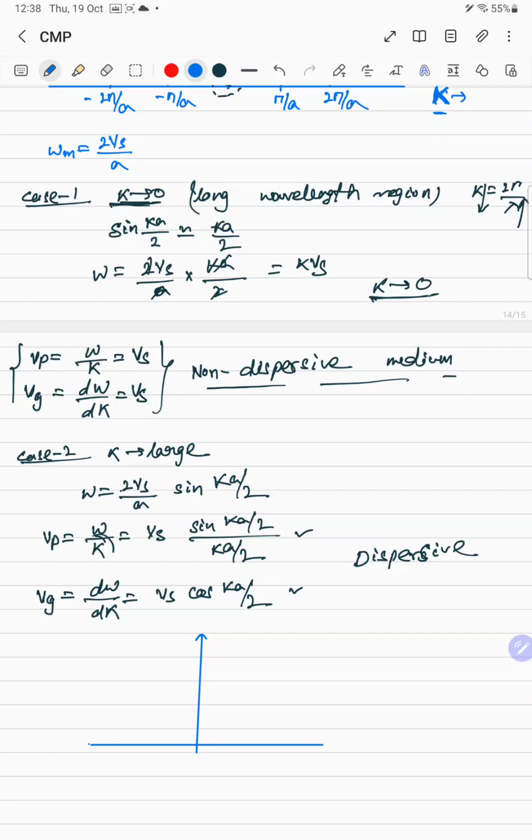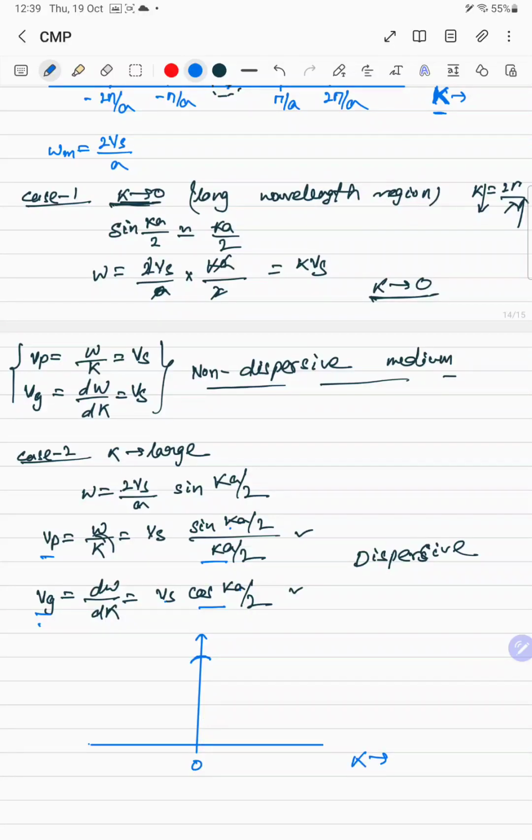At k equals 0, this is the Vp relation and this is the Vg relation. When k tends to 0, Vp will be sin k a by 2 by k a by 2, whose limit as k tends to 0 is 1. So Vp will be Vs, and Vg will also be Vs at k equals 0. So they both start from this point. This is the k axis, and this is k equal to 0.